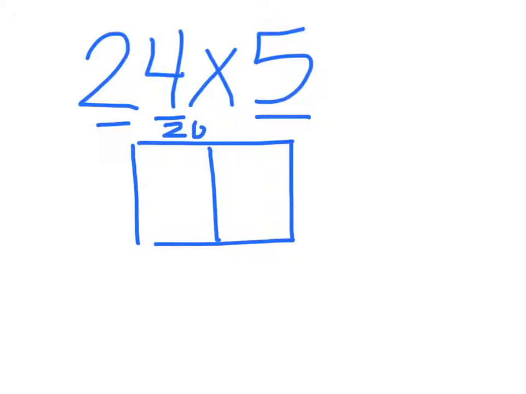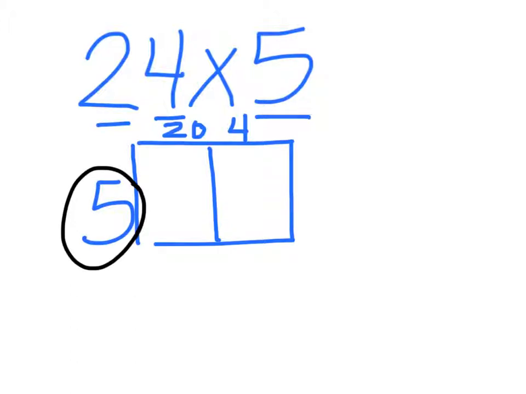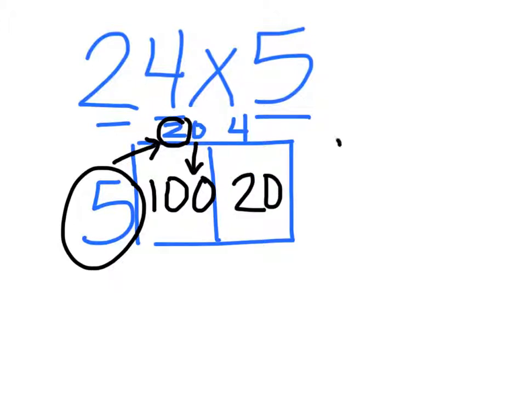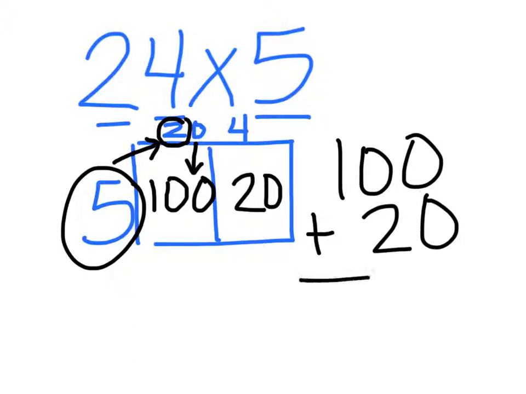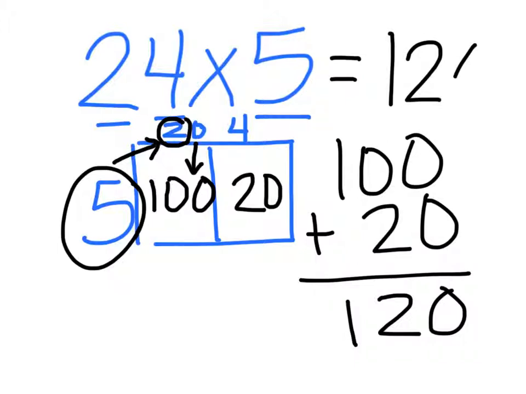So you should have 20 and 4, and then you're going to put the 5 here. 5 times 2 is 10, but don't forget to bring down that 0. 5 times 20 is 100. 5 times 4 is 20. We add 100 plus 20 together, you should get 120. 24 times 5 is 120.